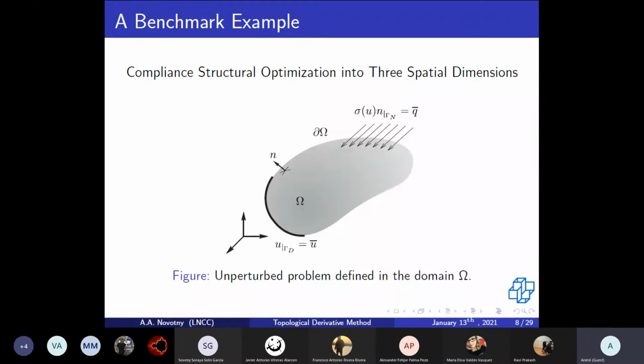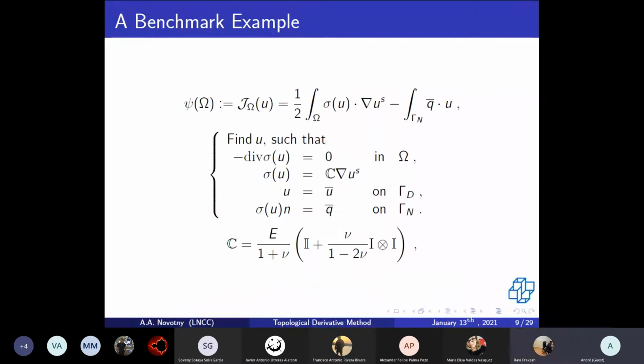So here, imagine that we have an elastic body, a three-dimensional elastic body clamped here, subject to some traction on the boundary, and we want to study the behavior of the total potential energy of this structure with respect to nucleation of small holes inside the domain.